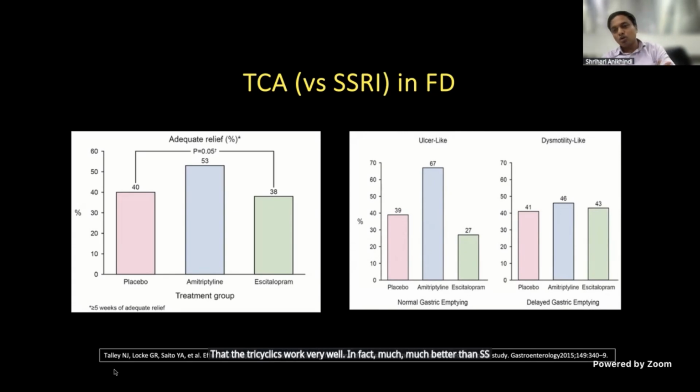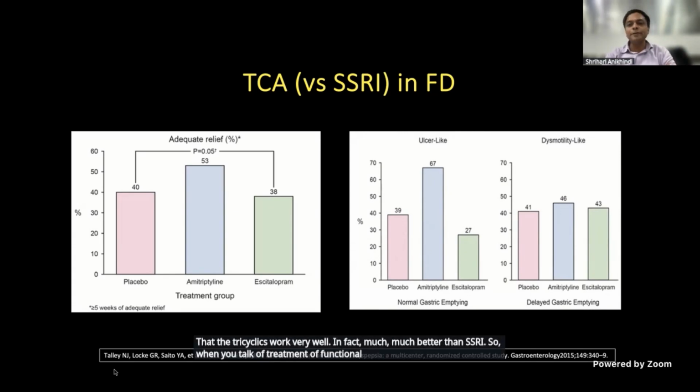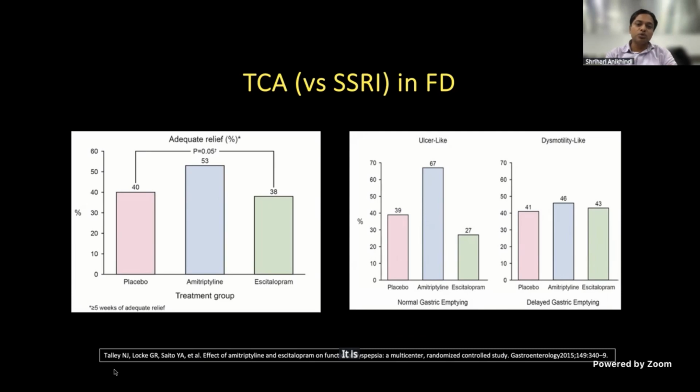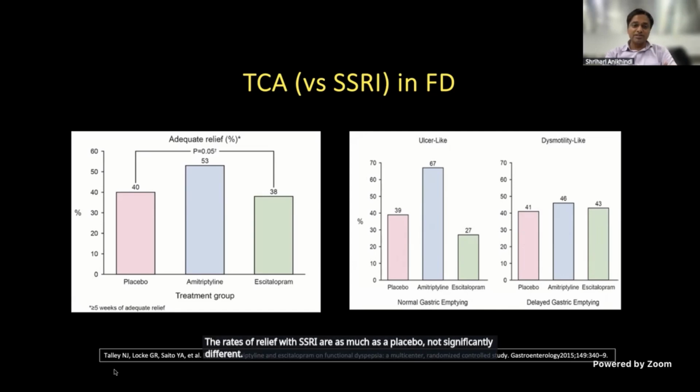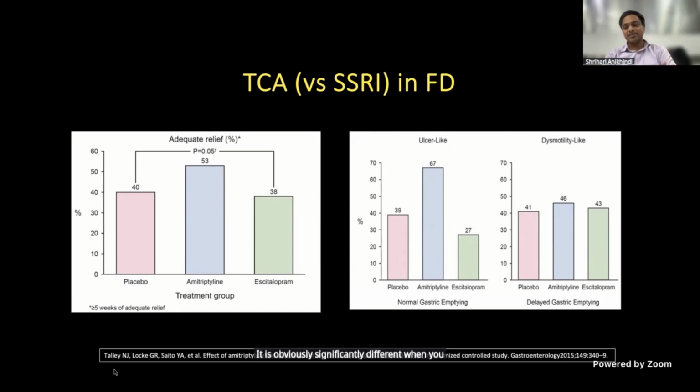So when you talk of treatment of functional dyspepsia, it is always preferable to use a tricyclic antidepressant rather than an SSRI, because the rates of relief with SSRIs are as much as placebo, not significantly different. It is obviously significantly different when you use a tricyclic.